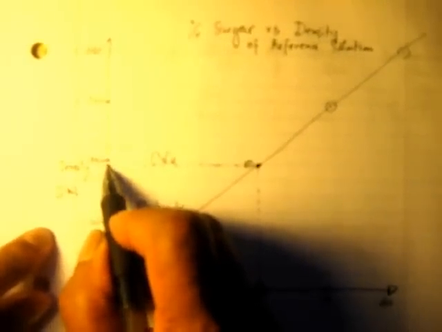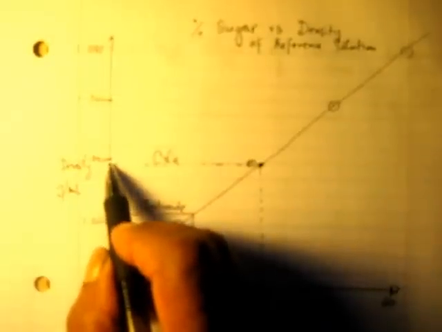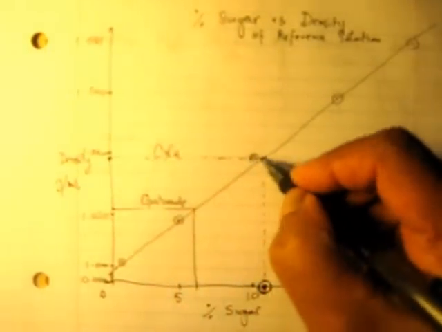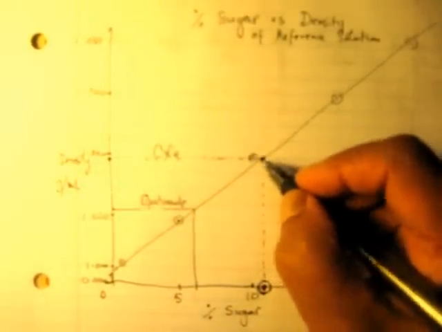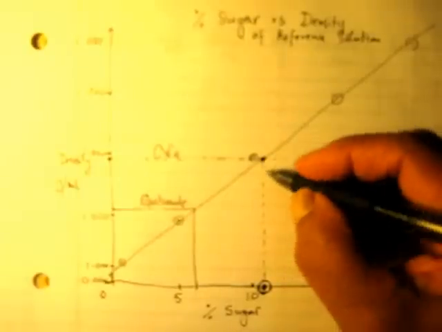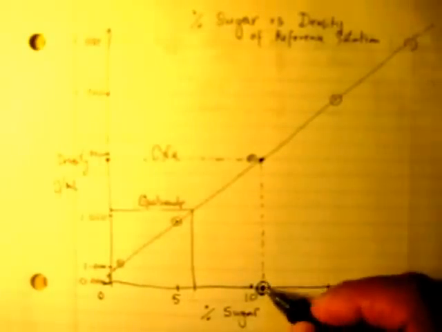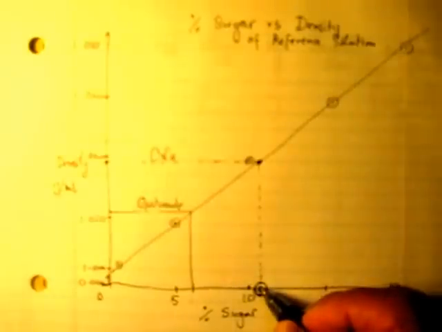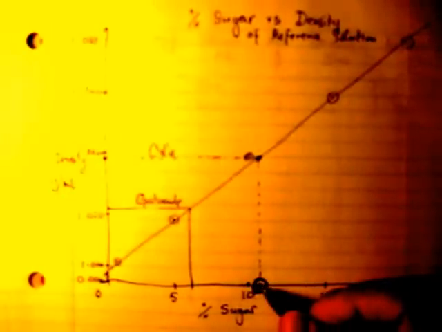So this is 1.038, and take your ruler and get the corresponding position on the graph. That is that point here, and then go down to the percent sugar axis. So you use your ruler for both, and then this is your percent sugar content in your cola.